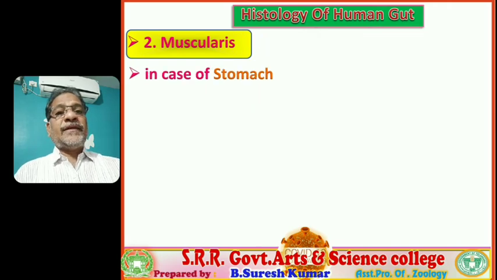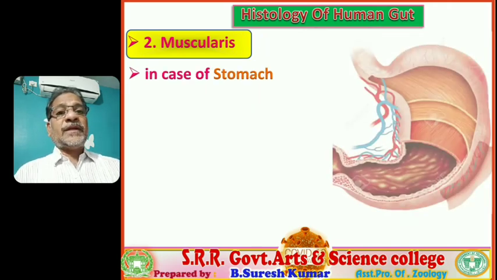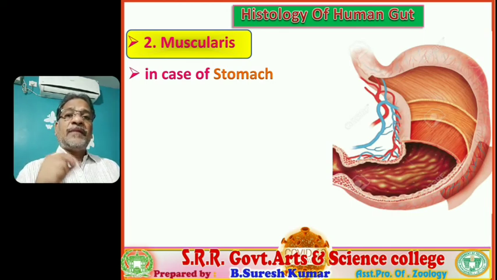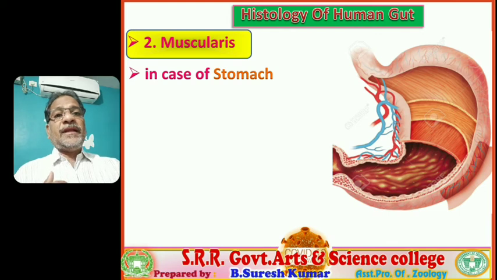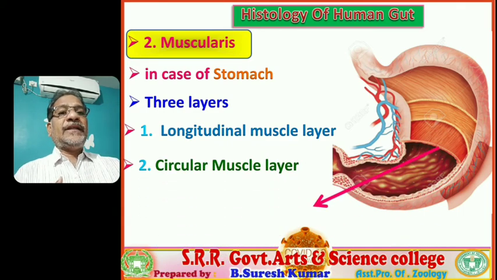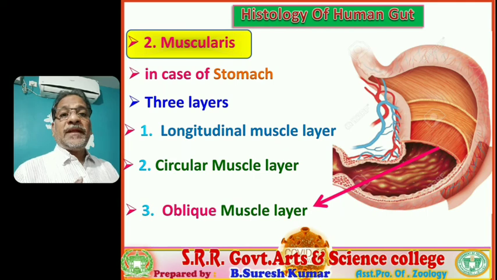If we observe the stomach, besides these two layers, we find one more additional layer. In the case of the stomach, three layers are present. They are the usual longitudinal and circular layers, and beneath them an additional oblique muscle layer.